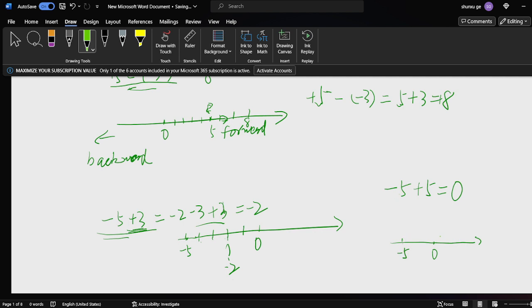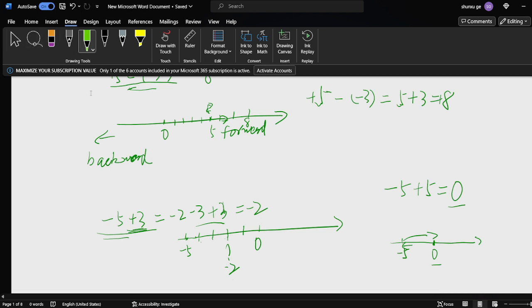So negative 5 means backward here. The positive means forward. Forward, how many numbers? 5. So it's here, this solution point. The solution point is 0. So here is 0. Okay.